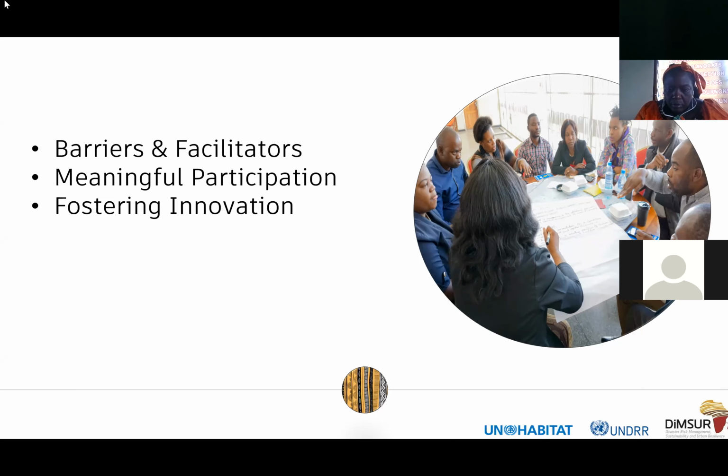So working with community structures as well as organized groups in the community is what enabled us, in the case of Kanyama, to extract indigenous knowledge in terms of experiences when it comes to flooding in the area. It is through those structures that we were able to identify people that have knowledge that was useful in this process, in informing problem identification and also finding solutions.